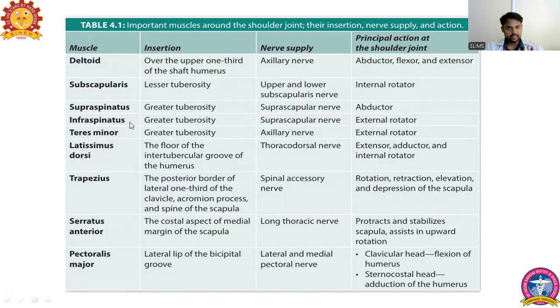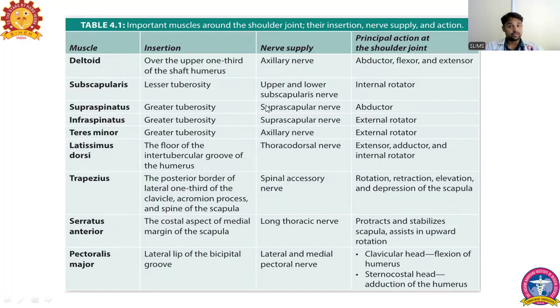The infraspinatus will arise from the infraspinous fossa and is attached to the greater tuberosity. And the teres minor will arise from the dorsal surface of the scapula and attach to the greater tuberosity. So these three muscles will attach to the greater tuberosity.